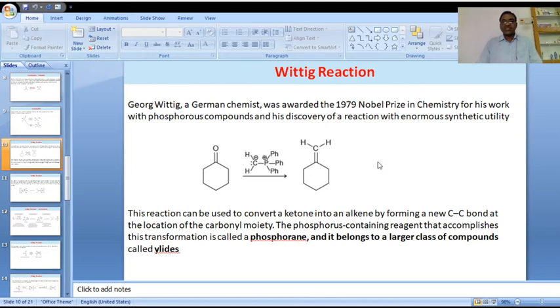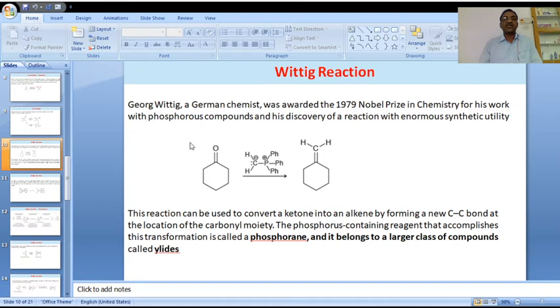The phosphorus-containing reagent that accomplishes this transformation is called a phosphorane, and it belongs to a larger class of compounds called ylides.